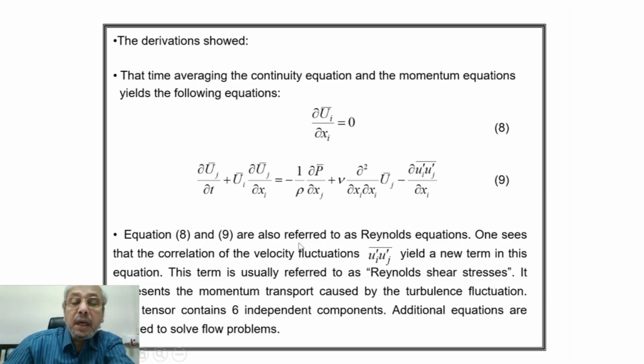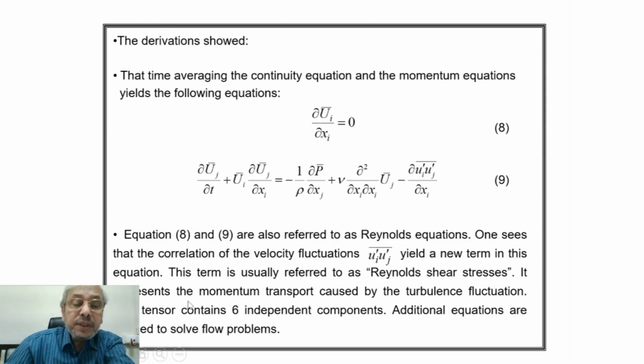Equations 8 and 9 are referred to as Reynolds equations. One sees that the correlation of the velocity fluctuations ui prime uj prime over bar yields a new term in this equation. This term is usually referred to as Reynolds shear stresses.